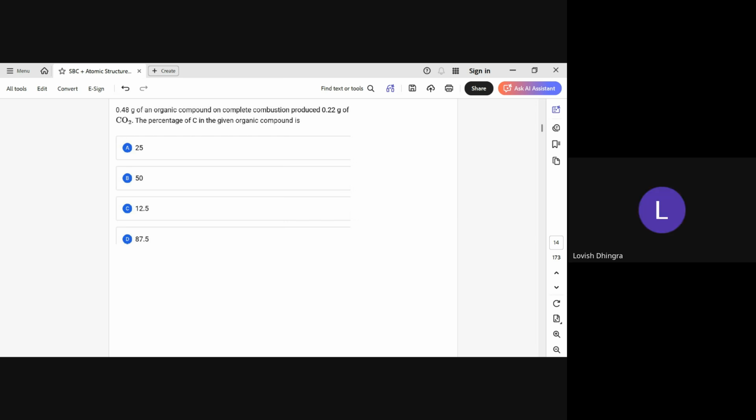So you get 0.005 moles of carbon dioxide, and from that you get the mass of the carbon. Then you do mass of carbon by 0.48 into 100 for the percentage, and you get 12.5. Yes. So you will calculate the mass of carbon divided by the total mass of the organic compound, that is 0.48, and into 100 will give us the percentage.